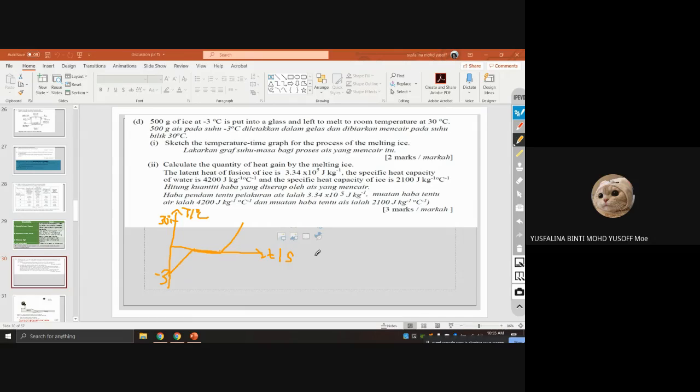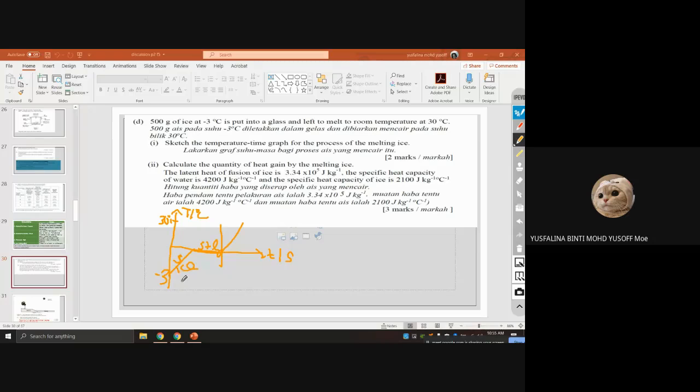For number 2, calculate the quantity of heat gained by the melting ice. I already explained to you: this part is solid ice, and this part is solid plus liquid. Starting from this point, all the ice has already melted to water.